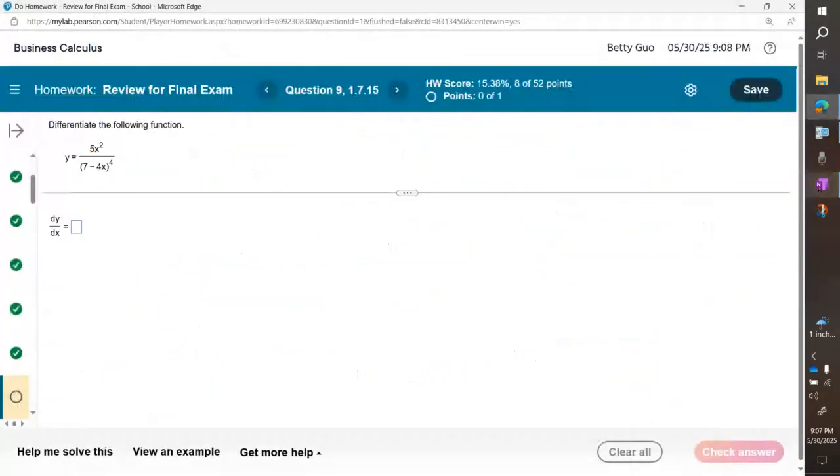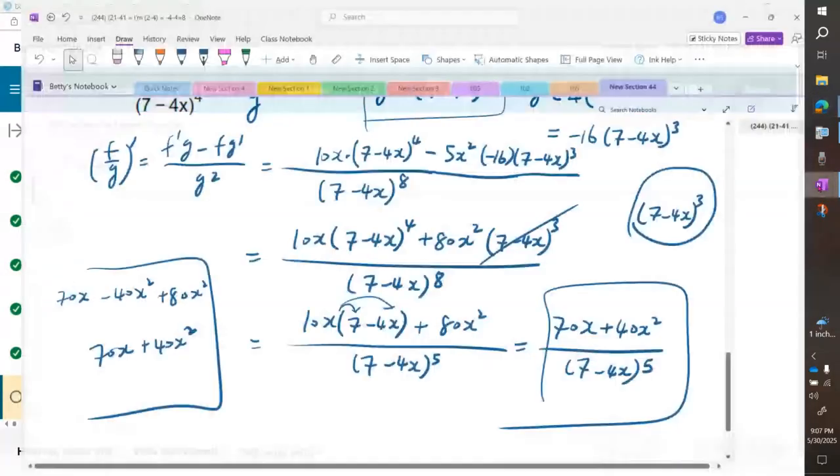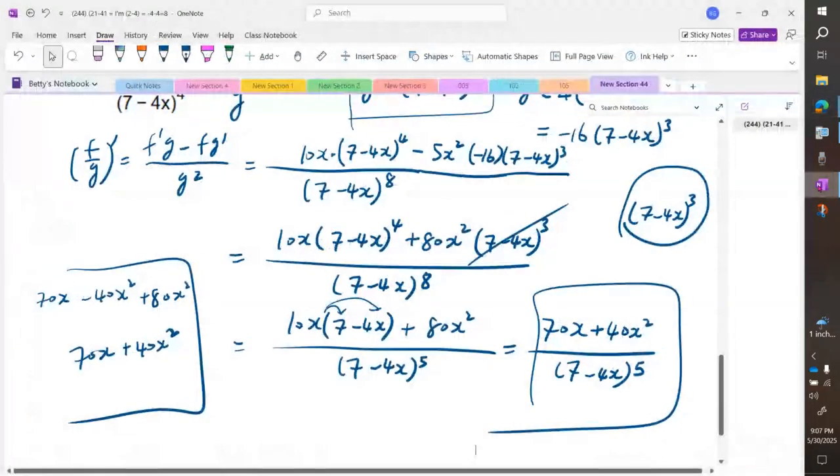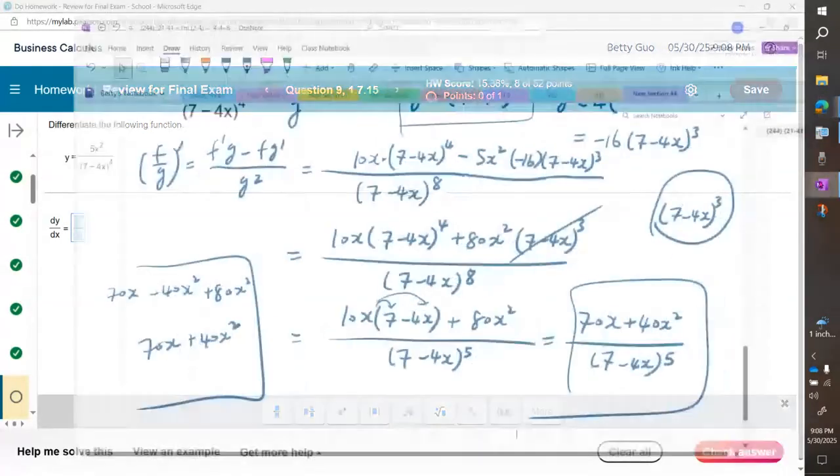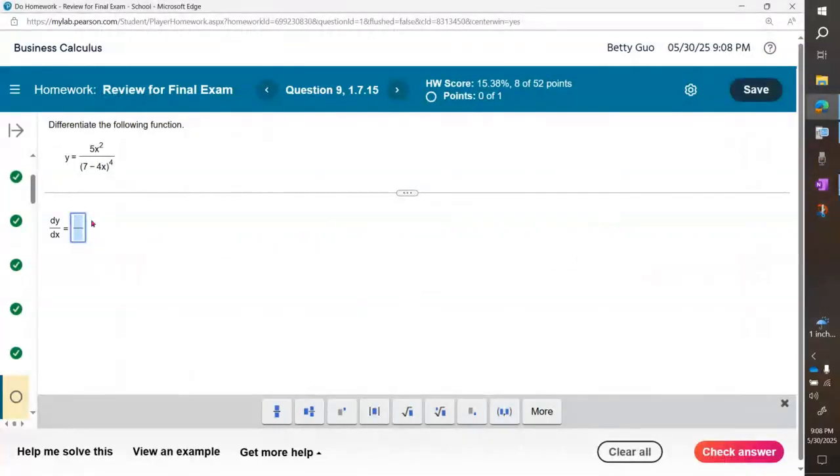Let's see, the question is not a multiple choice question, where we would have to enter the result. Numerator 70x plus 40x squared.